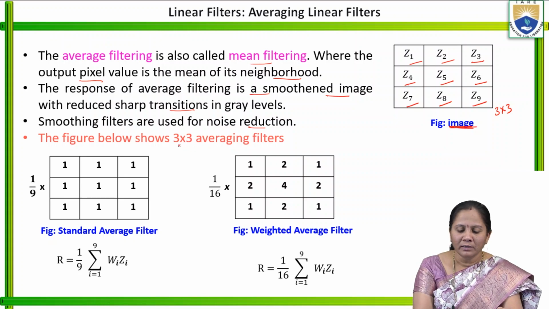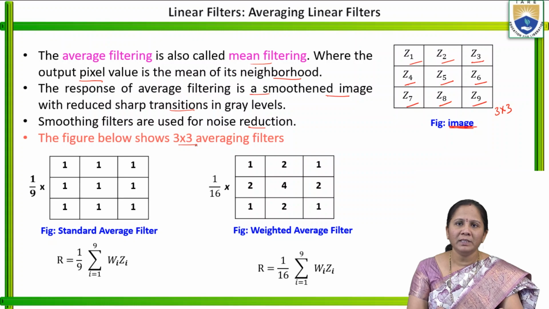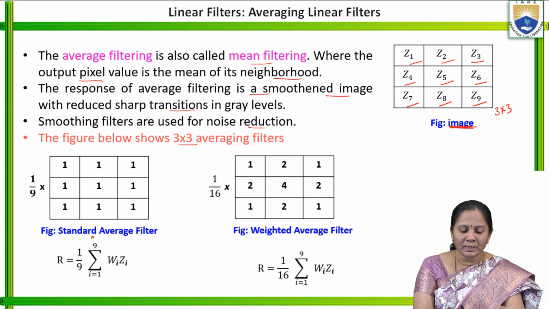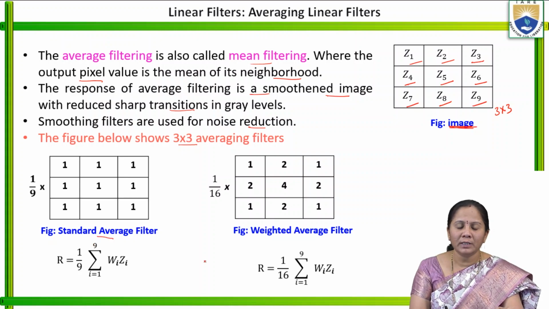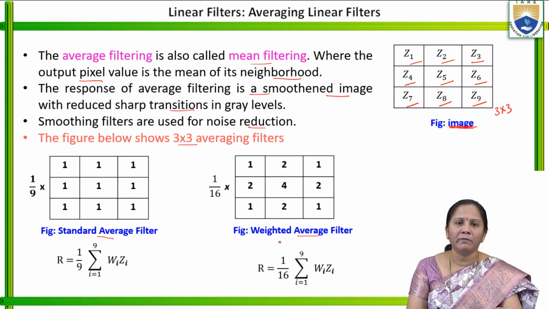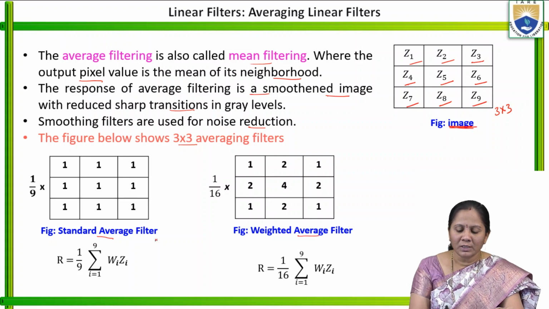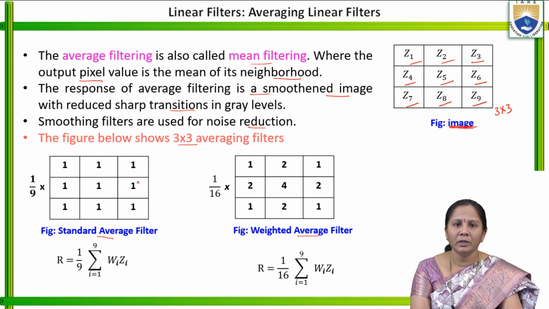The figure here shows a 3 by 3 averaging filter, which is considered as a mask. This is the standard average filter and this is the weighted average filter. What is the difference between these two? In the standard average filter, all the filter coefficients are uniform, that is 1.